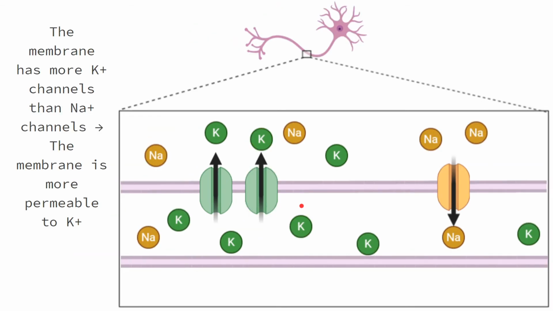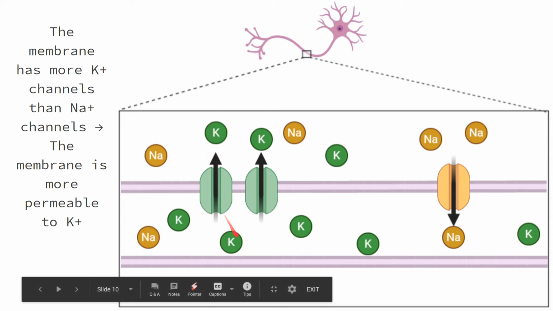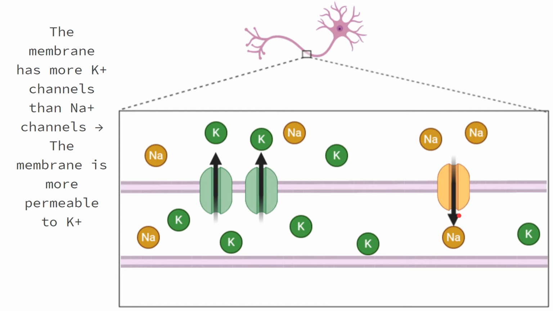So even though we're talking about passive transport, where things are just diffusing down their concentration gradient, a neuron has more potassium channels, which makes the membrane more permeable to potassium. So basically, more potassium can flow out and less sodium can come in.